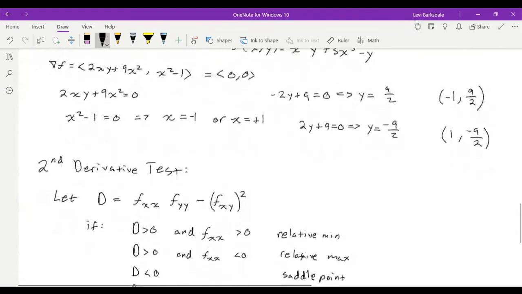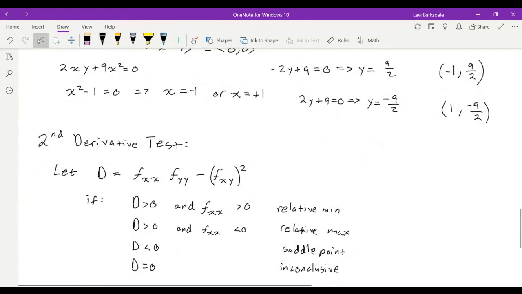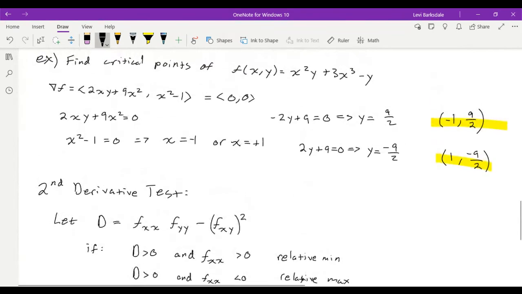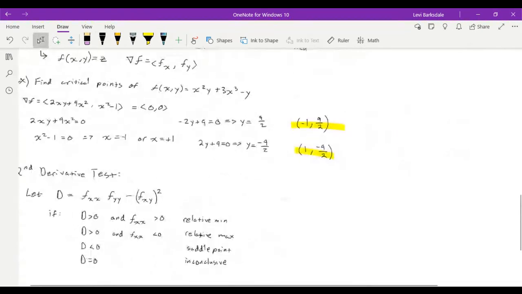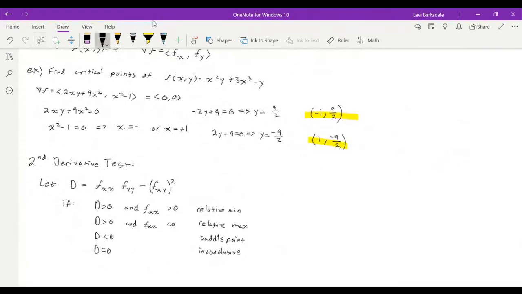All right, so let's try and use the second derivative test to evaluate these two critical points that we found right here. So we know that our second derivative with respect to x of our initial function, I'm going to work it out over here, f sub xx is equal to 2y plus 18x.